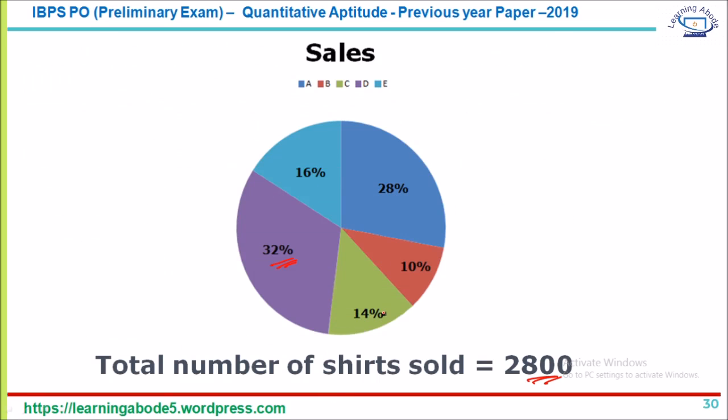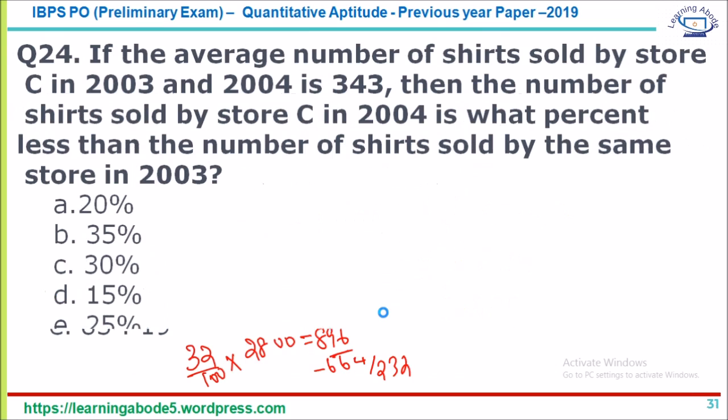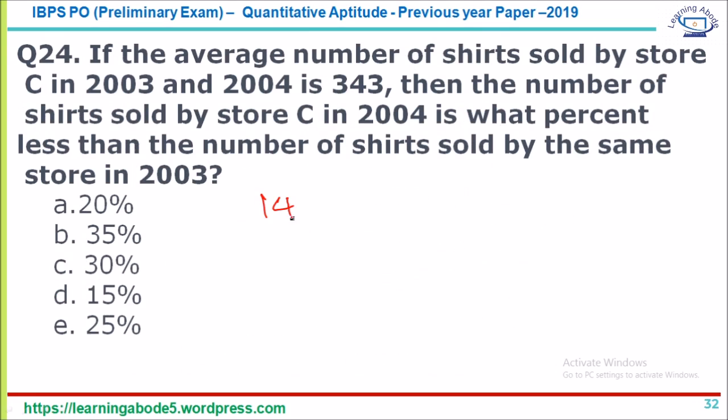C is green, 14%. Now 14% of 2800 is 392.